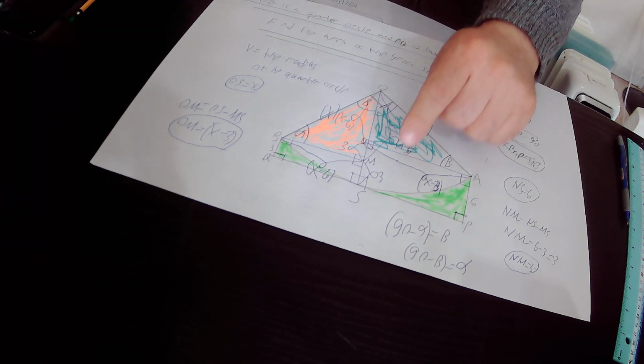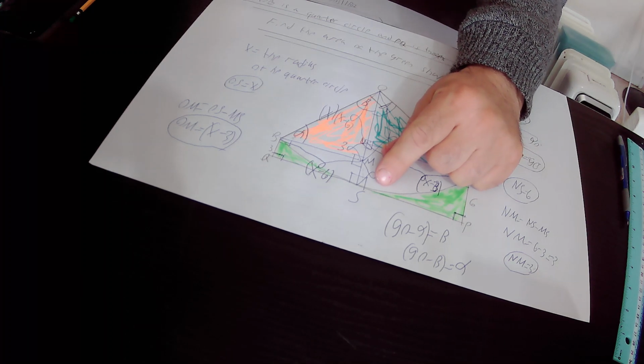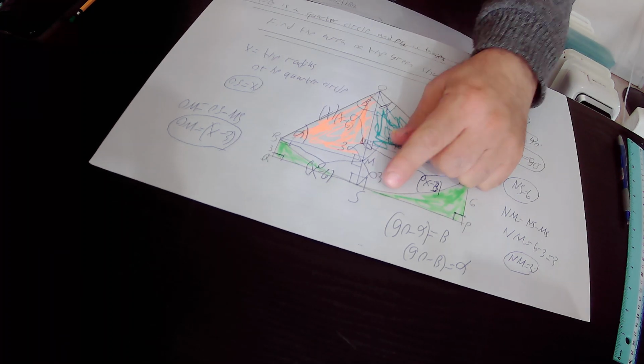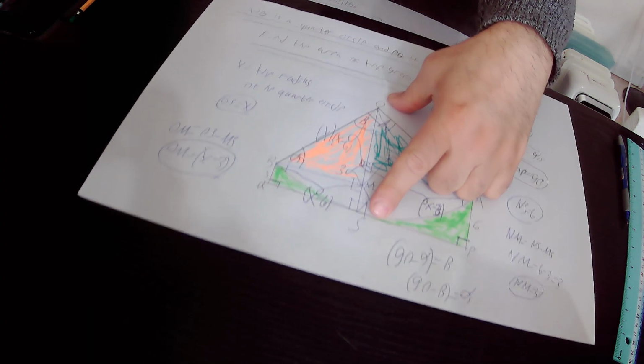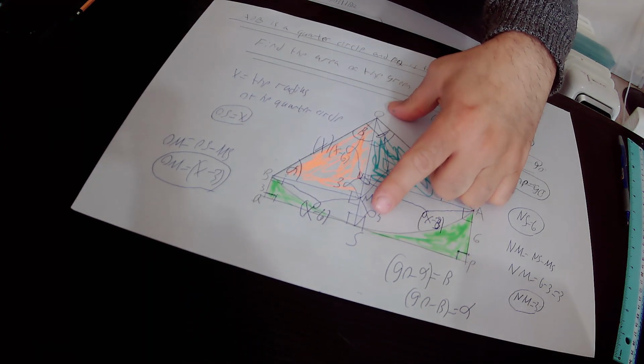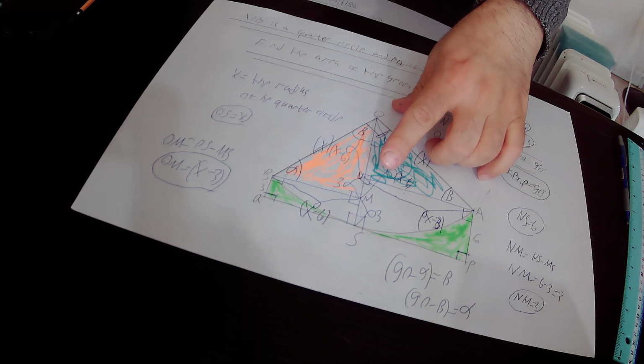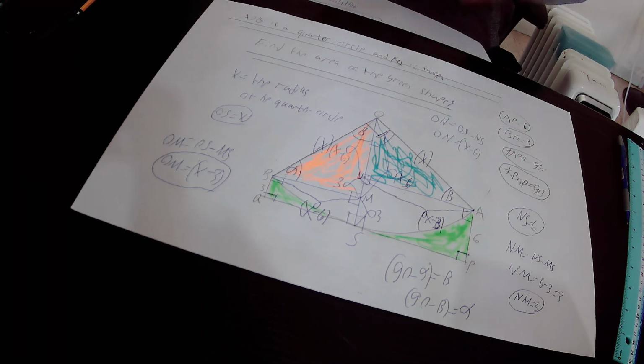But MS, this line segment MS, is part of OS, that is the radius of this quarter circle. So OS is a radius, it is absolutely a straight line.